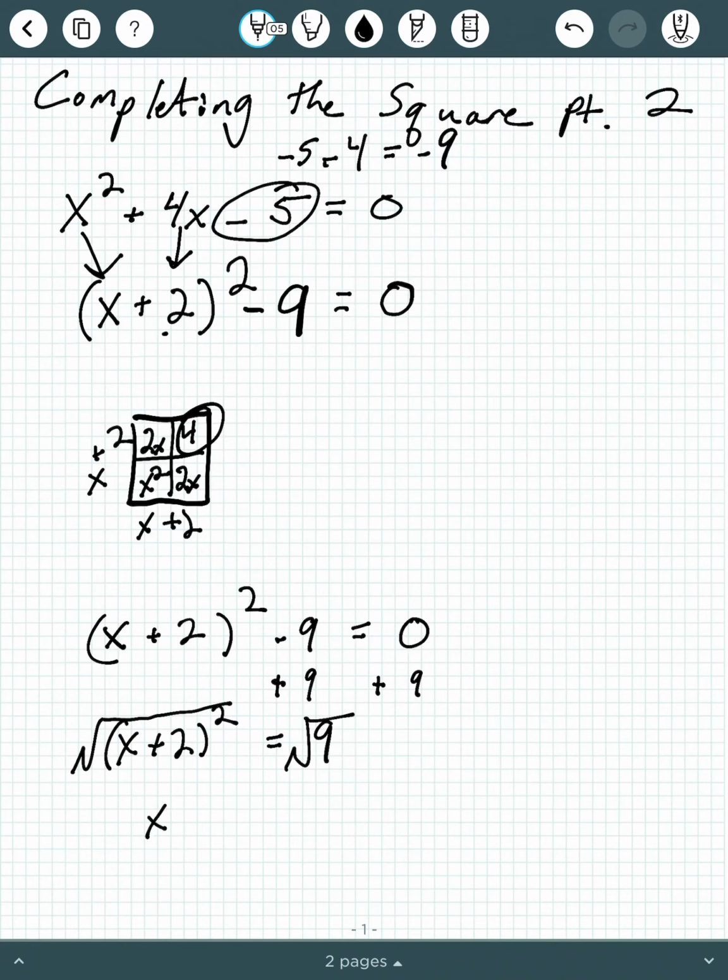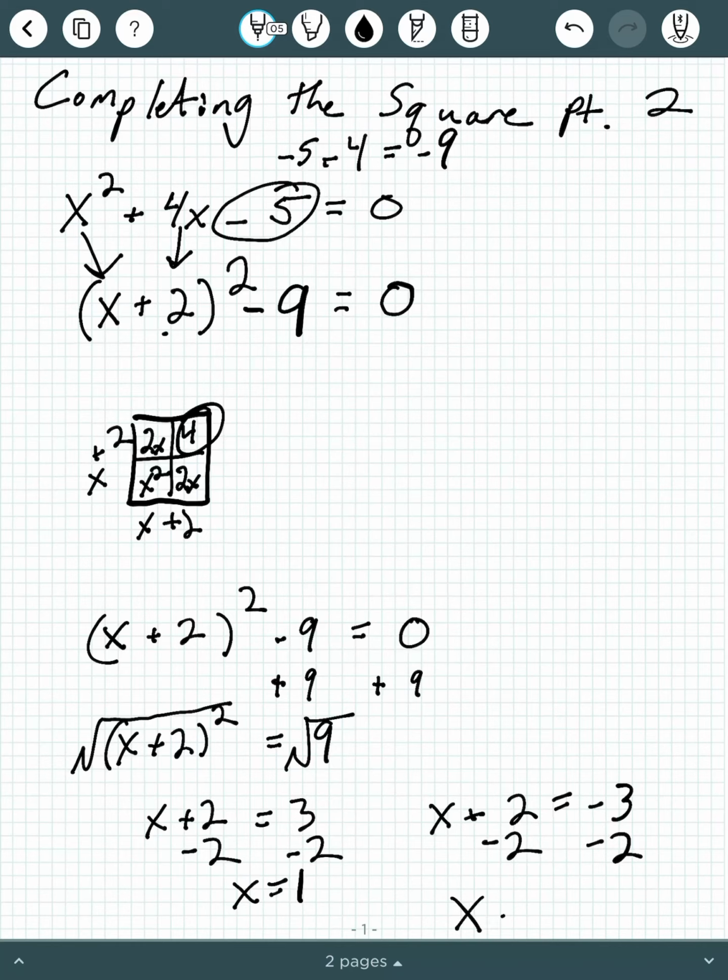When I take the square root, x plus 2 is equal to positive 3, but we have to remember it could also be equal to negative 3. And then my last step would be to subtract the 2 from each side, so I would get x is equal to 1, or x is equal to negative 5. And that's solving that equation. That was something you've already done.